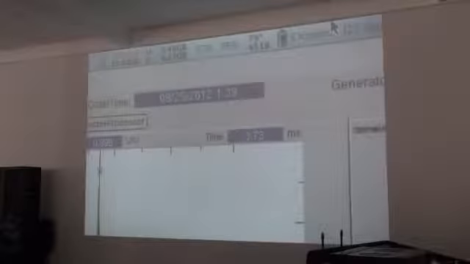So, let me show the impulse response of the signal we are measuring. Right now, the impulse response shows that the audio signal is being delayed by 3.73 milliseconds. This is because from the internal generator of the analyzer, the signal goes to the processor.